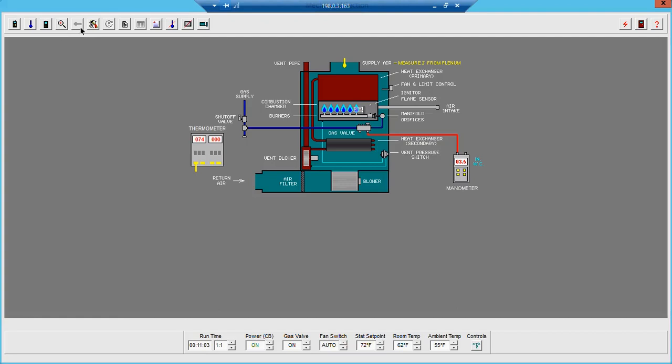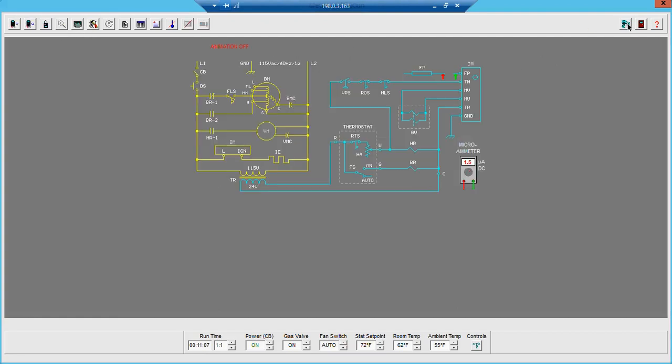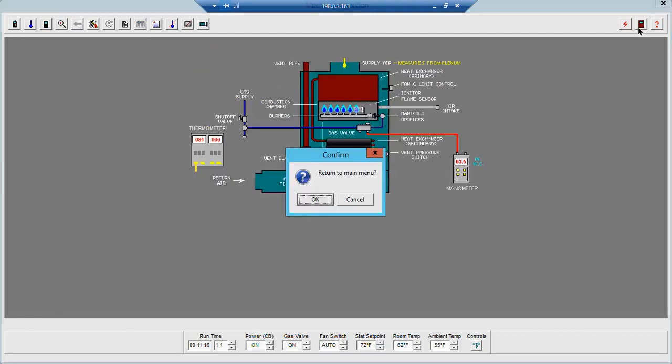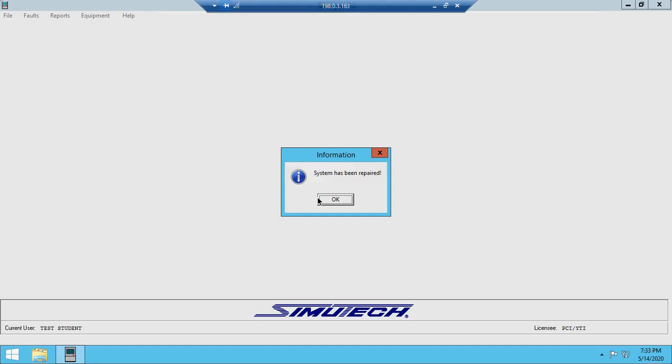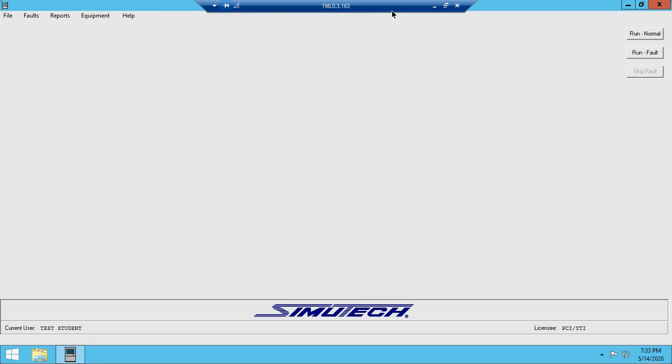We can honestly say everything is actually working properly. And that's how you do it. The system has been repaired. And that's how you troubleshoot and verify whether or not a flame sensor is actually working properly.